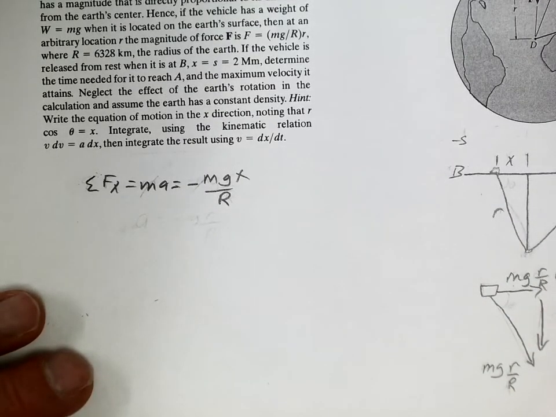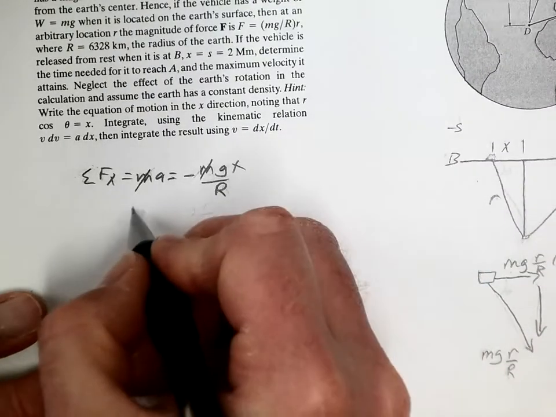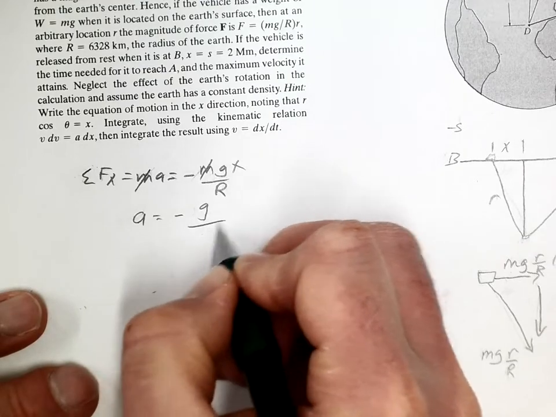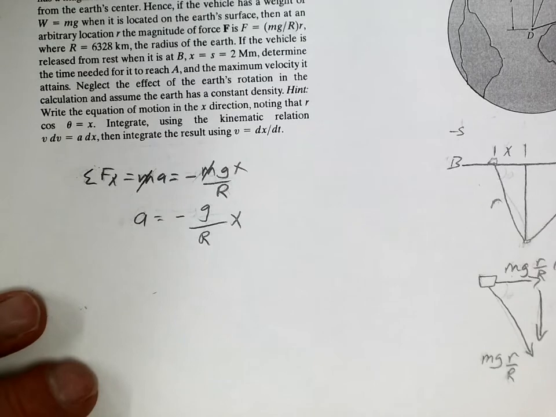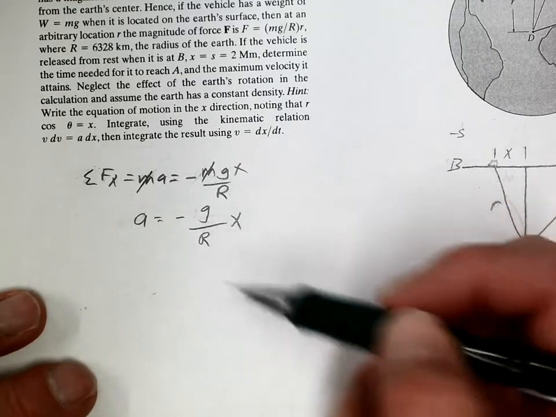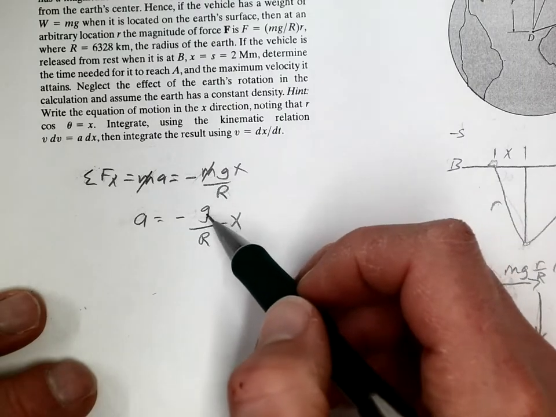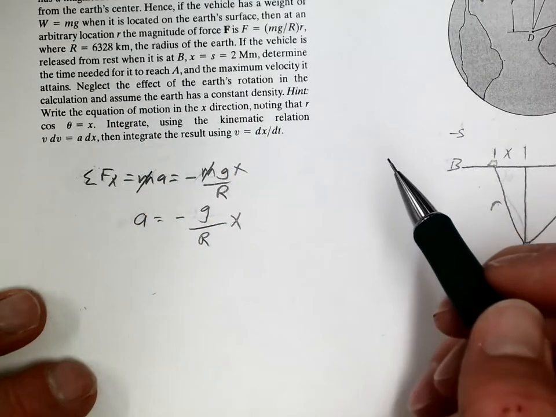There we go. The m's cancel. So a is equal to negative g over big R times x. These are both constants. The g is 9.81, R is 6,328 kilometers.